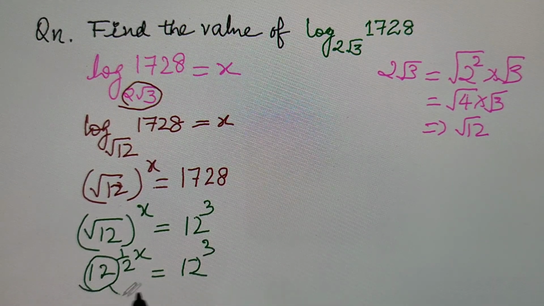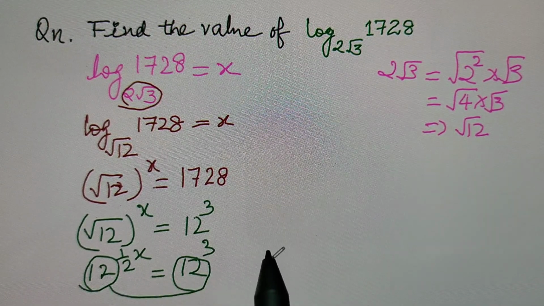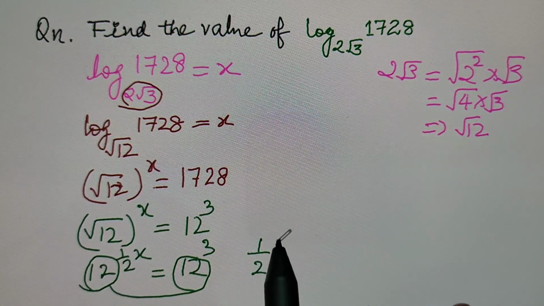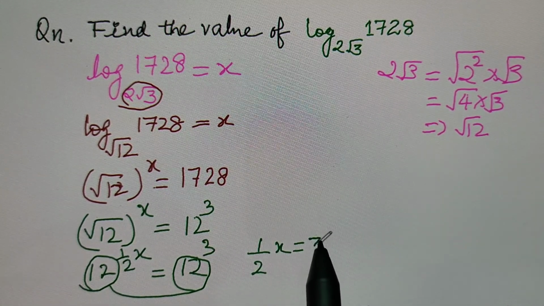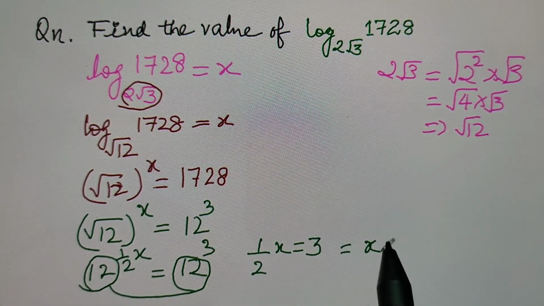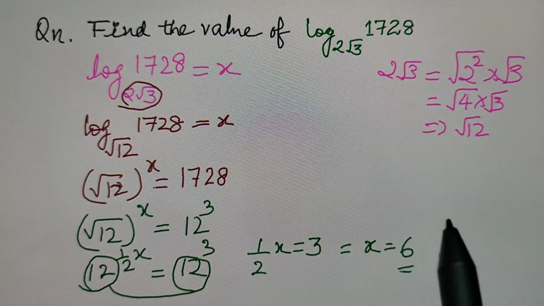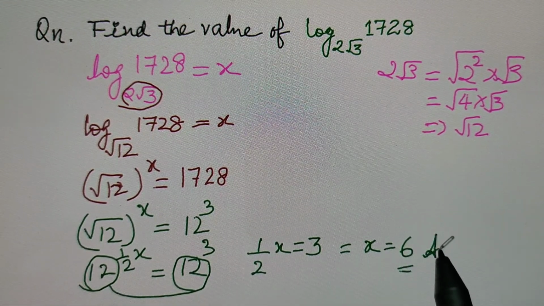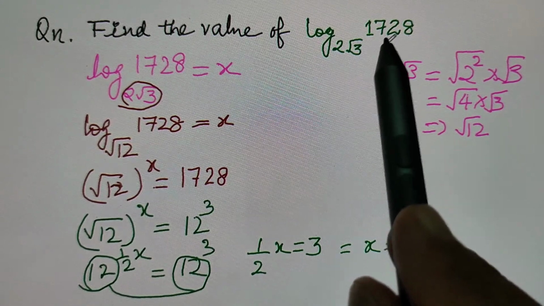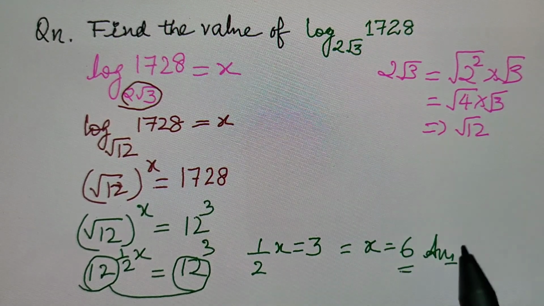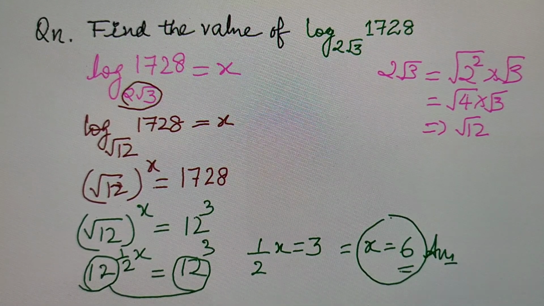Now the base is same, so 1 upon 2 x is going to be equal to 3. So the value of x is going to be 6. So the answer is the value of log of 1728 to the base 2 root 3 is 6.